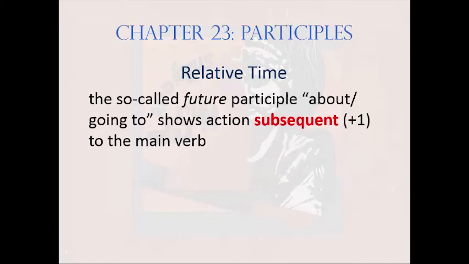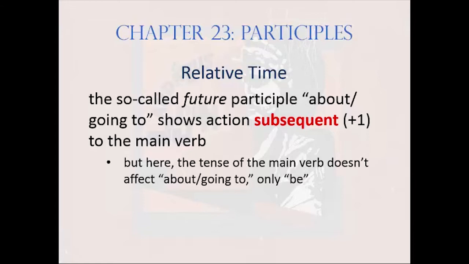Future tense main verbs do the same, except they move the participle's real-time value forward in time. The result is that the so-called future participles, the ones that mean about to or going to, show subsequent action. That is, they have a +1 time value. But this participle doesn't cause the same problems the perfect participle does.